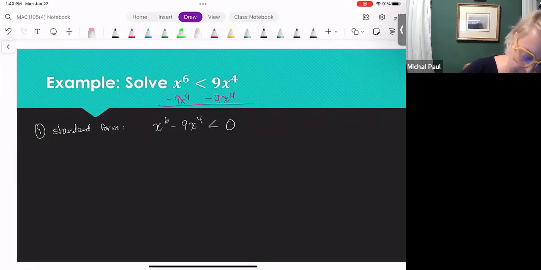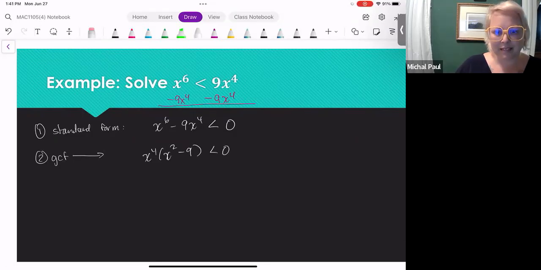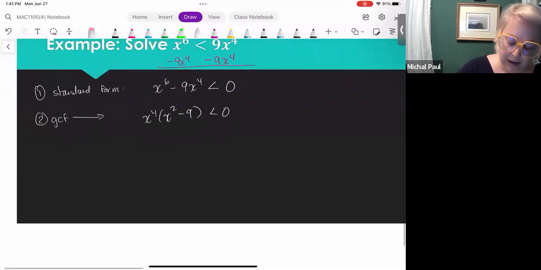I'm going to factor it quickly. I can see that I have a GCF of x to the power of 4. And if I factor out x to the power of 4, I get x squared minus 9 less than 0. What I have here is a difference of squares.